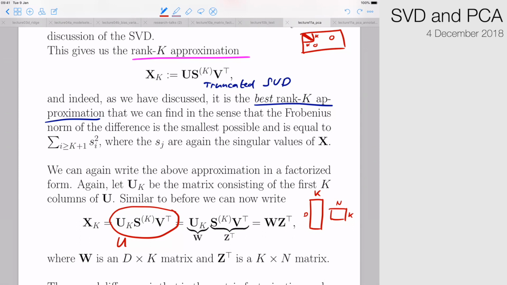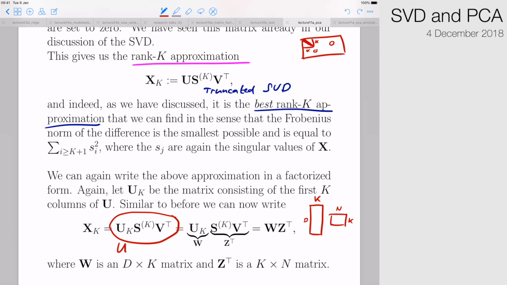This is a nice collection. Again, why do I care so much that this is related to matrix factorizations? It's because this shows you that matrix factorizations actually do dimensionality reduction for you. That's what it means to multiply two matrices which have this small k as their inner dimension.